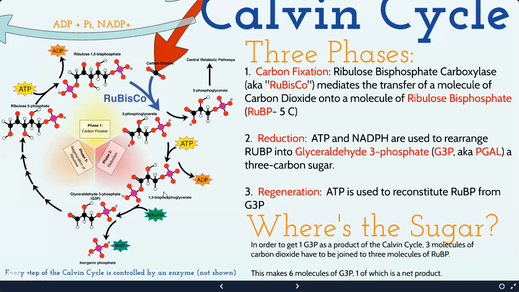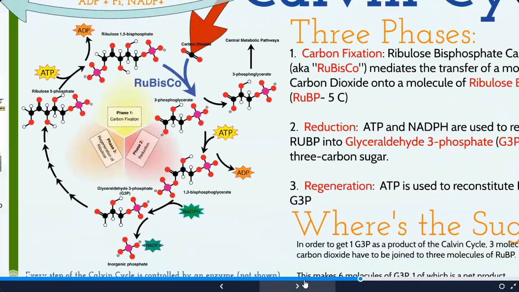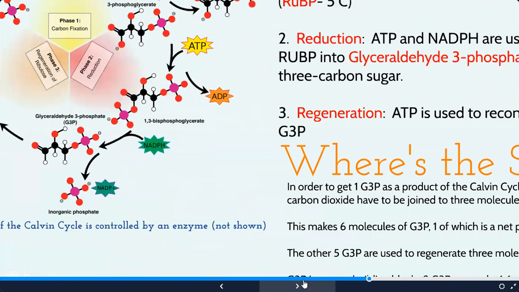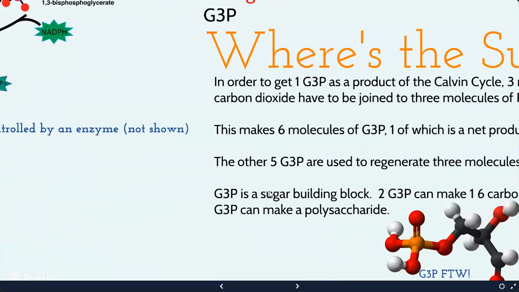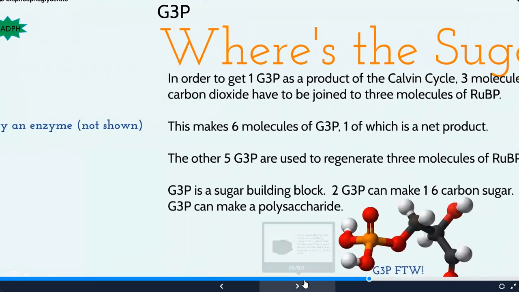There's a lot of chemical rearrangement going on here. It actually takes 6 turns of the cycle to complete a full molecule of glucose because there's only 1 carbon coming in at a time from the carbon dioxide, but glucose has 6 carbons.